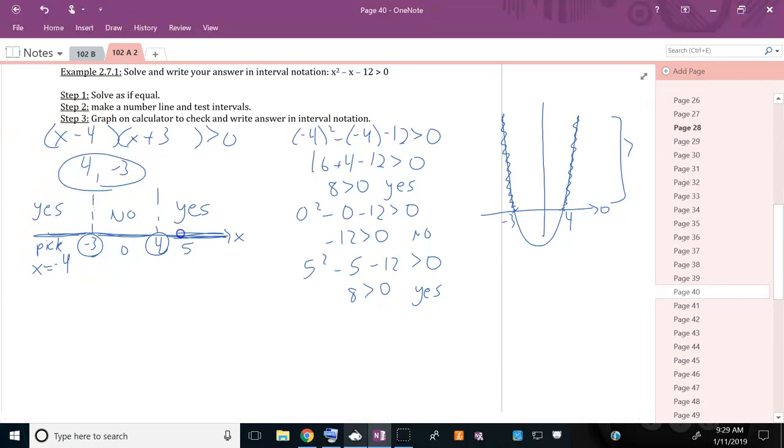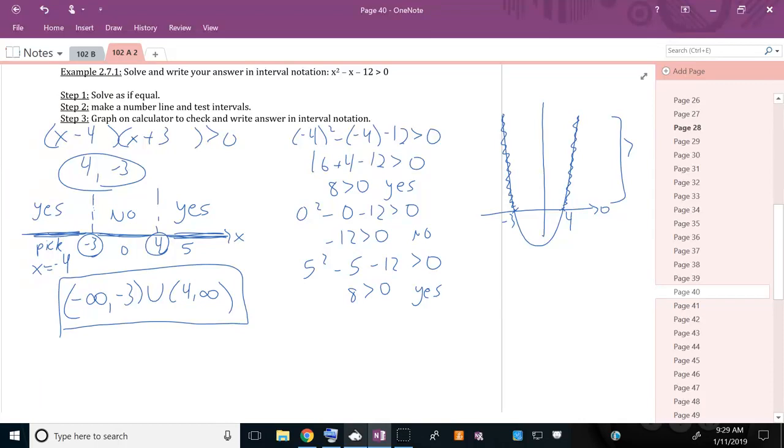And that is exactly what we got over here. So my answer is negative infinity, comma negative 3. Remember that little u for union we put when we have two intervals, and then 4, comma infinity. I've got parentheses around that because we are strictly greater than.